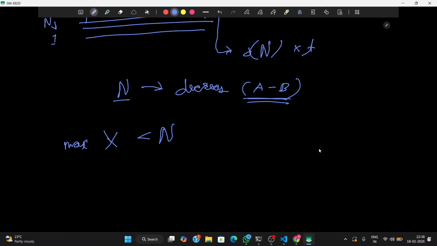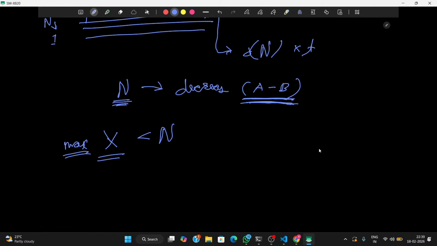Whenever we decrease by a minus b, its remainder with a minus b will not change. So we need to find the maximum x which has the same remainder as n when divided by a minus b.